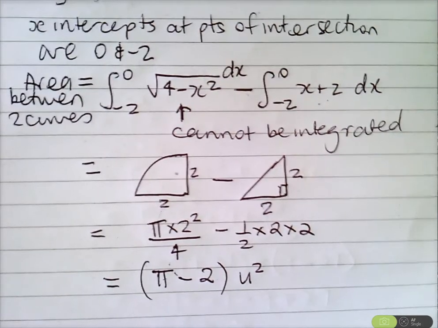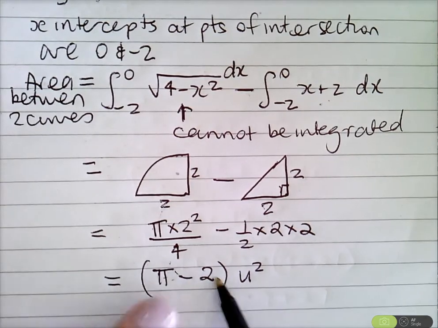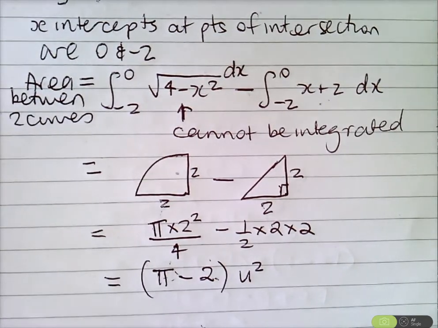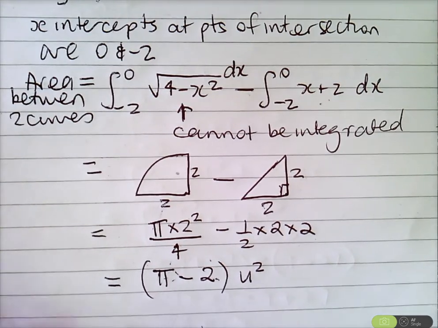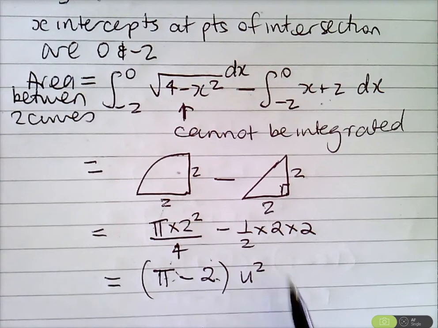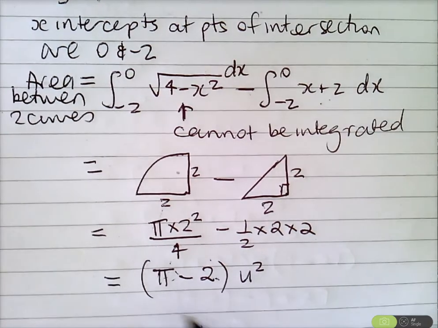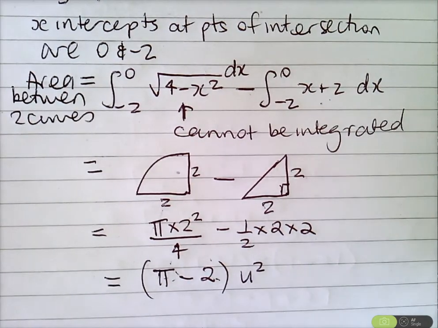Please leave your exam answers as exact values. If you don't leave them as exact, at least show the exact form. If you feel like doing 1 or 2 decimal places afterwards, fine. But you must put an exact answer there first. They probably won't insist, but it's a good idea to put them. But you may lose marks if you don't write pi minus 2 and you just gave me a decimal approximation.